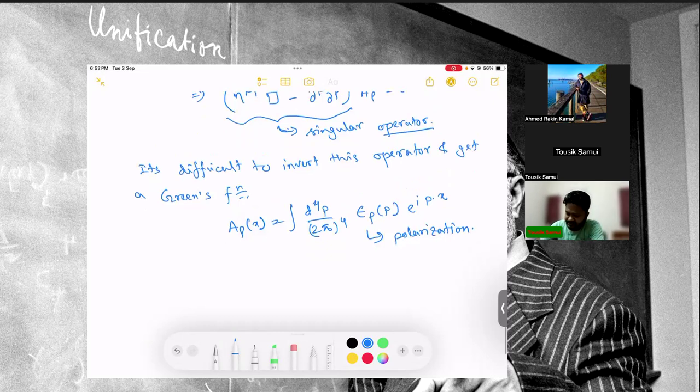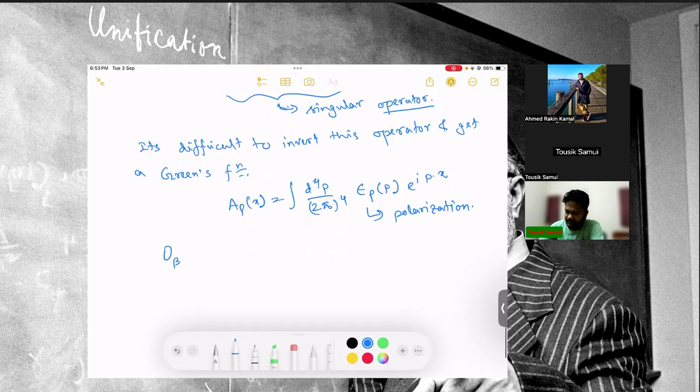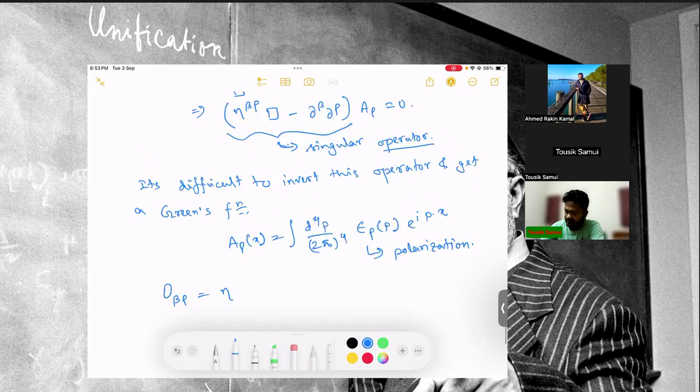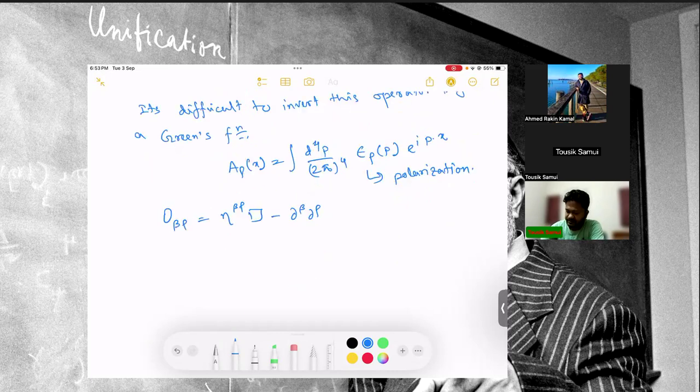Let's define this operator O beta rho to be eta beta rho box minus del beta del rho, and in the momentum space it will be eta beta rho times minus p squared, where p is the momentum, plus p beta p rho.